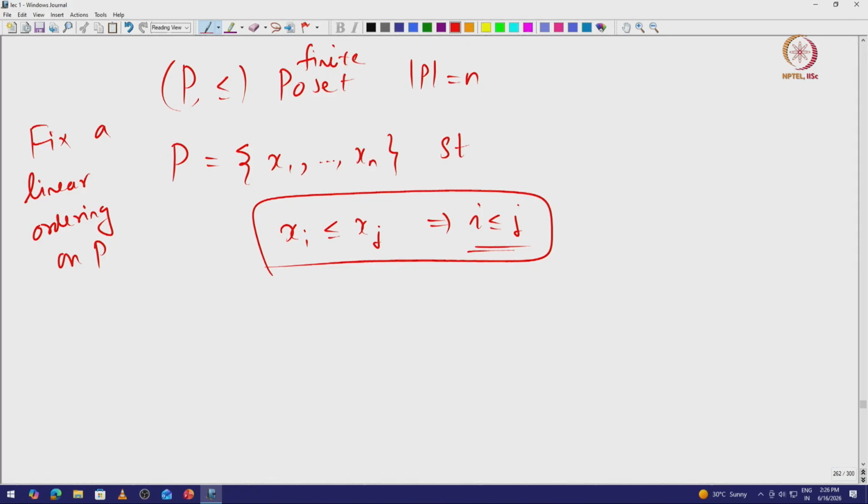Now, with respect to this linear extension we are going to actually work with matrices. So, recall what the zeta function is.